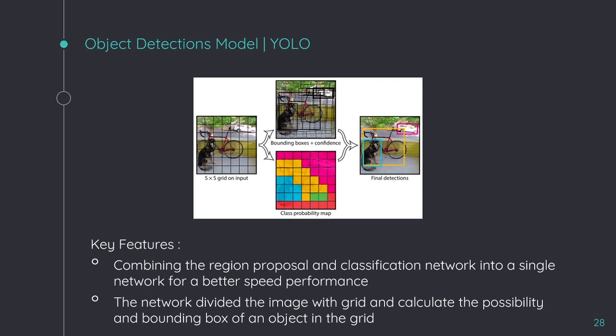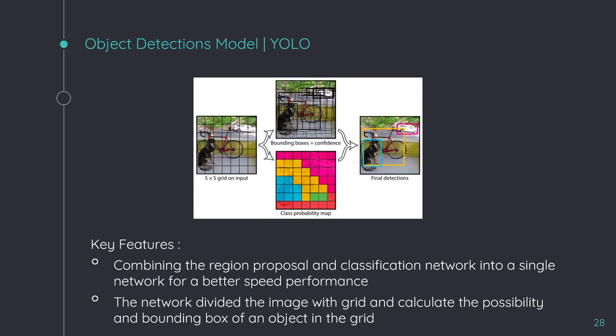This YOLO model starts by dividing the image that comes into the network into a grid. The number of grid cells can be customized to choose between the accuracy and the speed of the model.